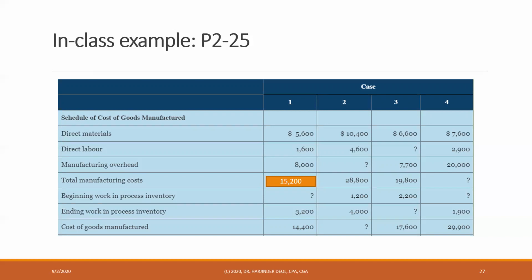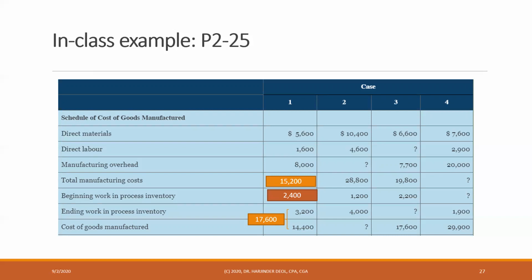Well, if the cost of goods manufactured was 14,400 and the ending work in process inventory is $3,200, then these two added together give us 17,600, right? Now, if our total manufacturing costs are $15,200, the beginning work in process inventory essentially must have been the difference between the 17,600 and the 15,200.